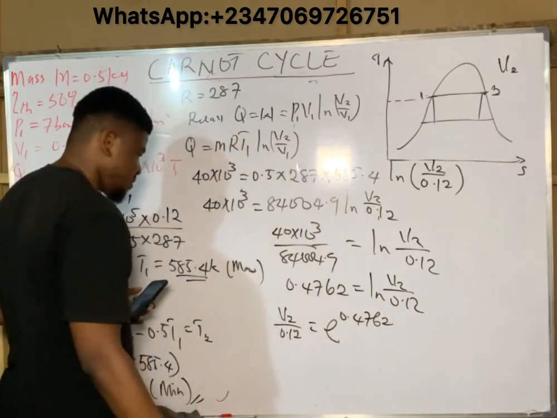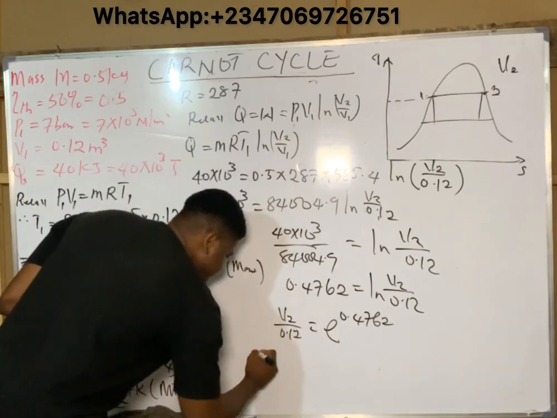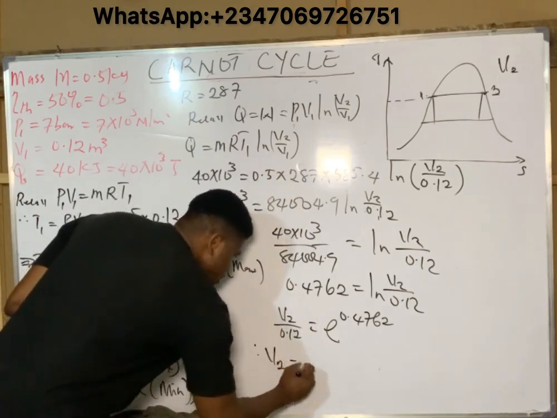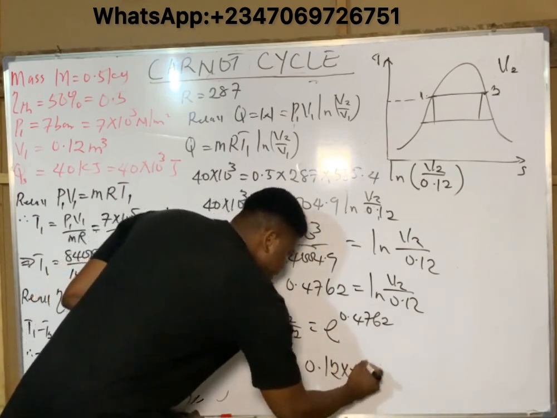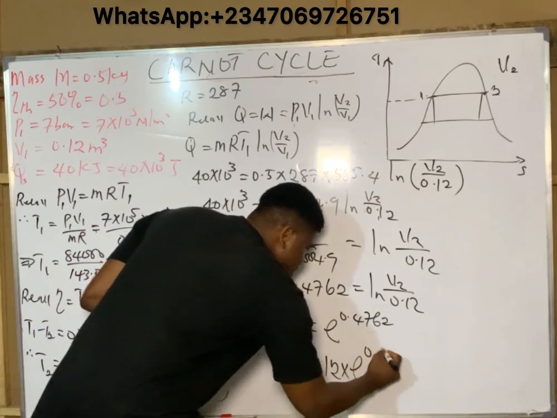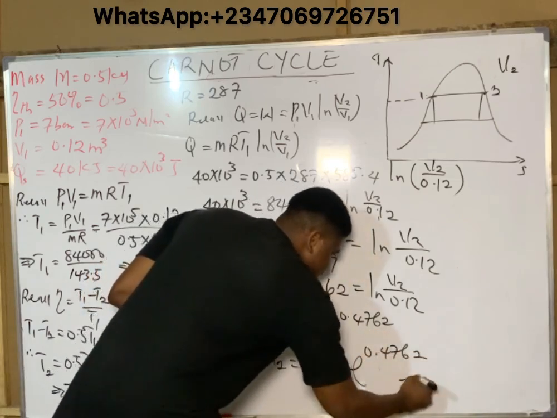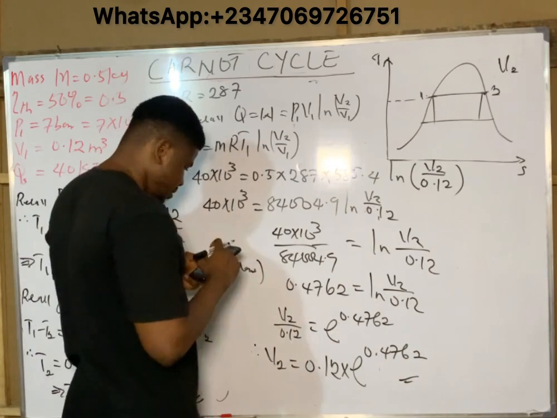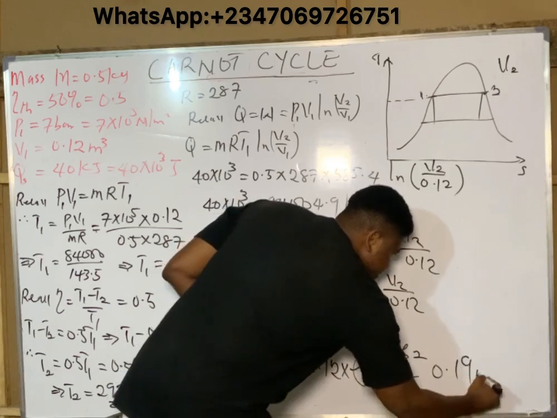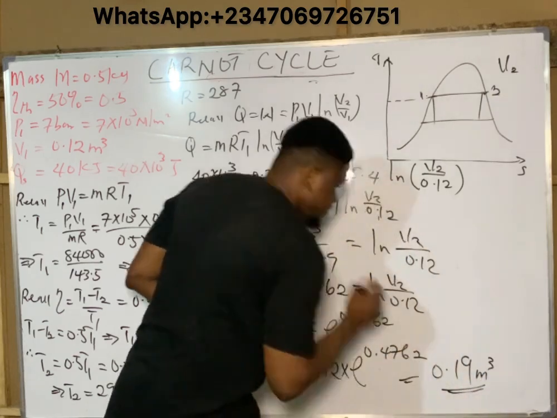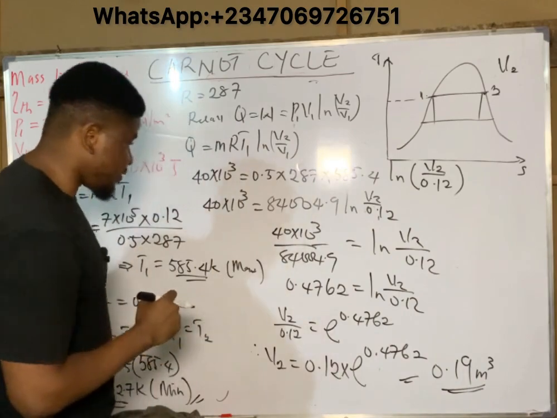So from here, we can find V2 by simply cross multiplying, that becomes 0.12 multiplied by exponential 0.4762. So let's see what this gives us. This gives us approximately 0.19 meter cube. So this becomes the volume at the end of expansion, 0.19.